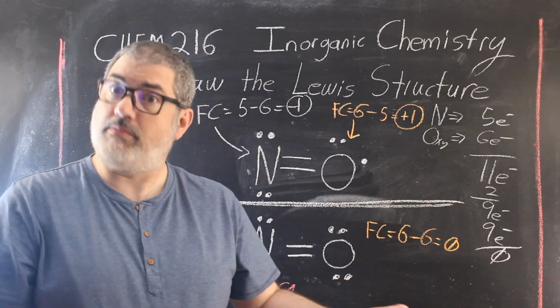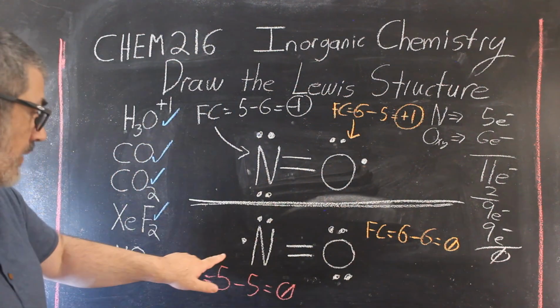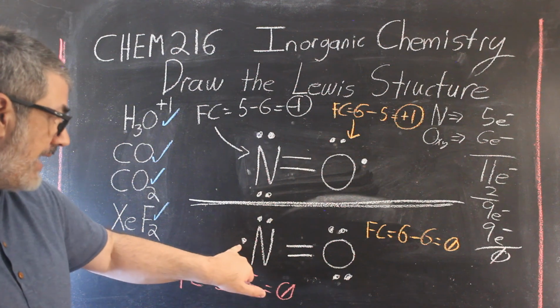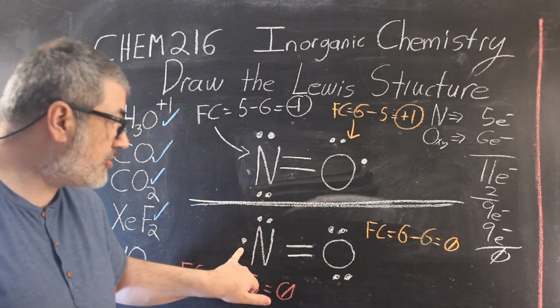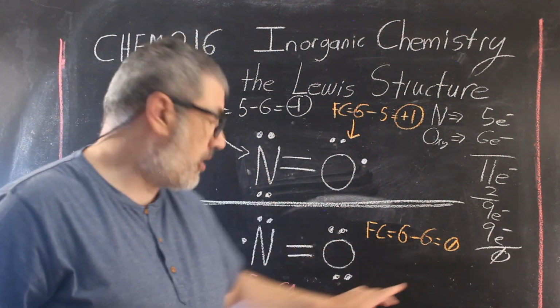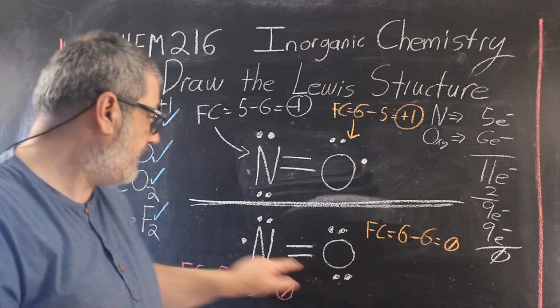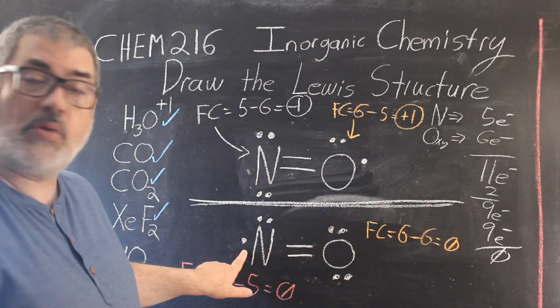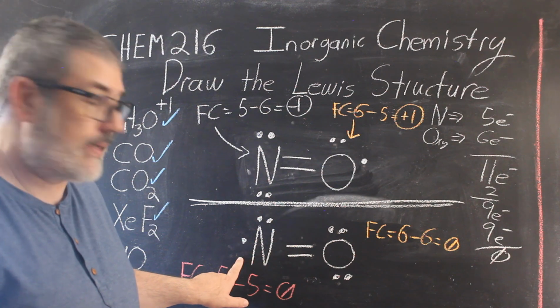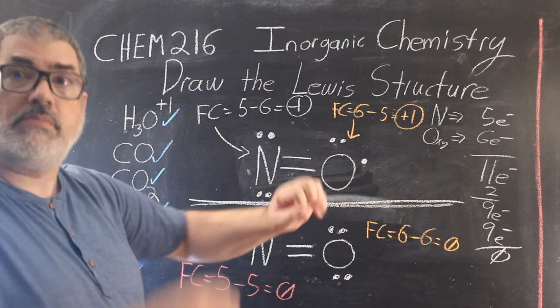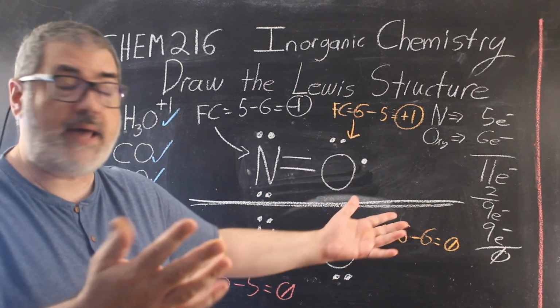Obviously 0 is as low as it's going to get. So in this case, the nitrogen has 0 formal charge, the oxygen has 0 formal charge, therefore this is the lowest energy structure, and therefore we assign the radical onto the nitrogen. Okay? Whereas here, charge separation is bad.